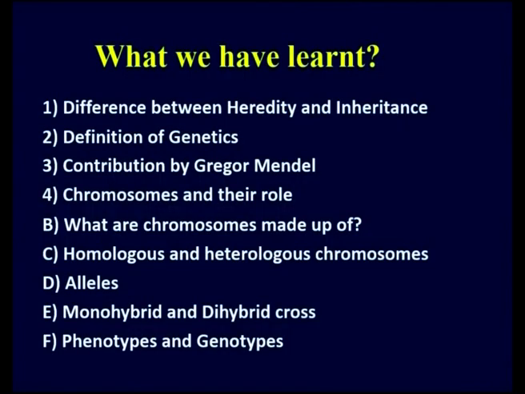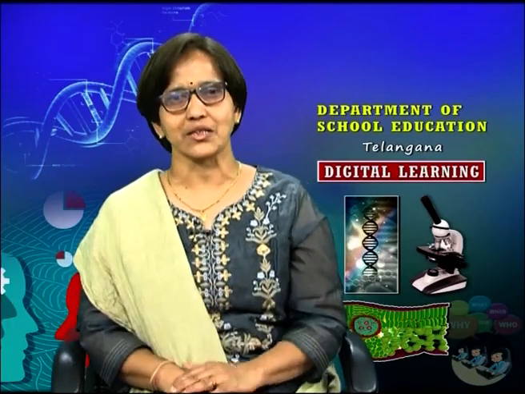What we have learnt so far in our previous session and this session, if you try to sum up, it is all about the difference between heredity and inheritance, heredity, genetics, Gregor Mendel's contribution, chromosomes and what they are made up of, genes, homologous and heterologous chromosomes, alleles, homozygous and heterozygous alleles, what is monohybrid and dihybrid cross, what is phenotype and how it is different from genotype. We also performed an activity with the help of which you can understand how alleles get separated out.